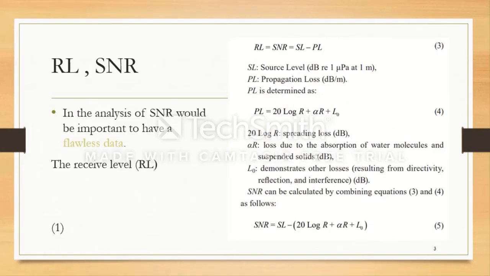Okay, in formula number 3, we have RL equal to SNR equal to SL minus PL. What is the SL parameter? It is the source level, with the unit decibel relative to 1 micropascal at 1 meter. We want to know much more about SL.